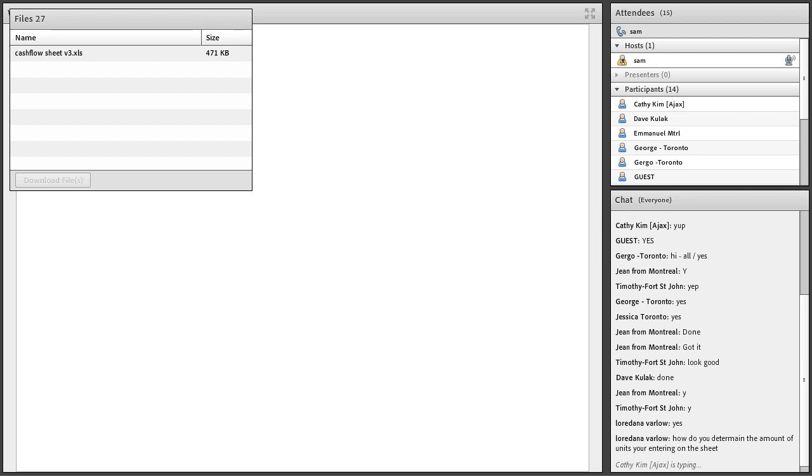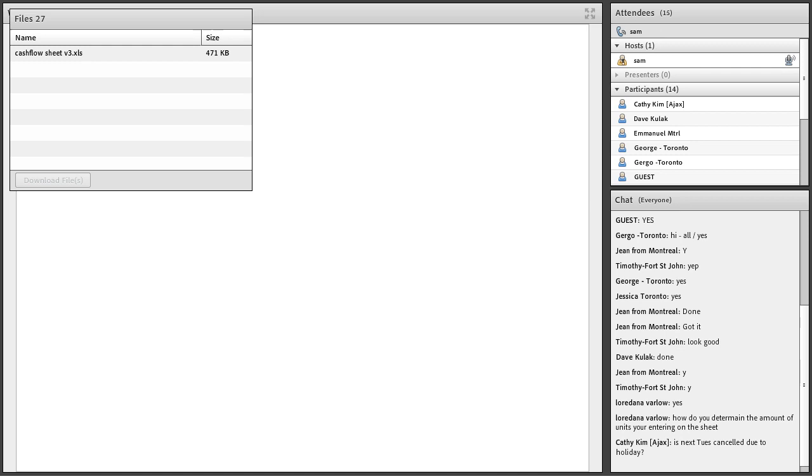Okay, how do you determine the amount of units you're entering on the sheet? That would be determined by the property itself, right?